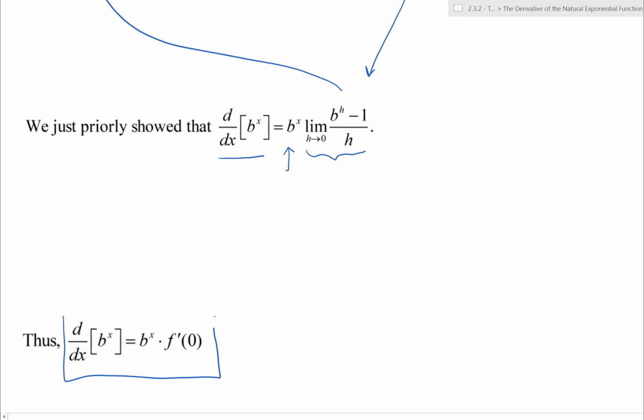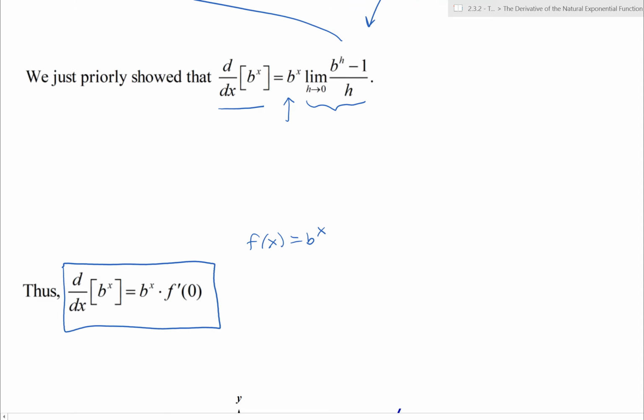For any exponential function, the derivative of the exponential function is the function itself, b to the x, times the derivative of that function at 0, assuming, of course, here f of x is equal to b to the x. So that's kind of interesting in that exponential functions have the property such that their rates of change are always the derivative of the function itself at 0 times the function itself.